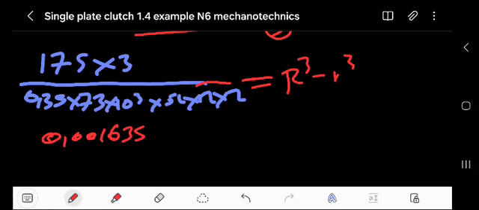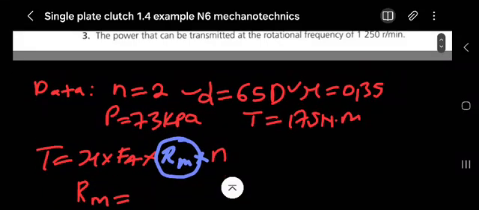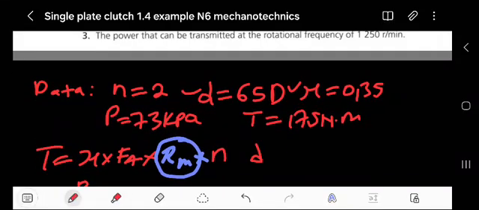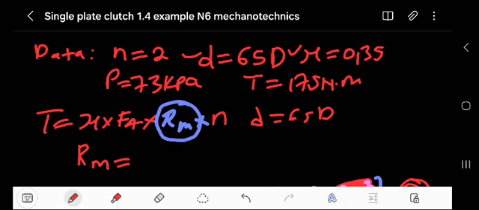0.001635 equals to, now here's the story, R cubed minus r cubed. Now we have 2 unknown numbers. Let us adjust with what we have given. Here we've given the diameters. They say d is equal to 65. So I want this to be in radius. Remember, this is diameter. I'll divide by 2 here and divide by 2 here.